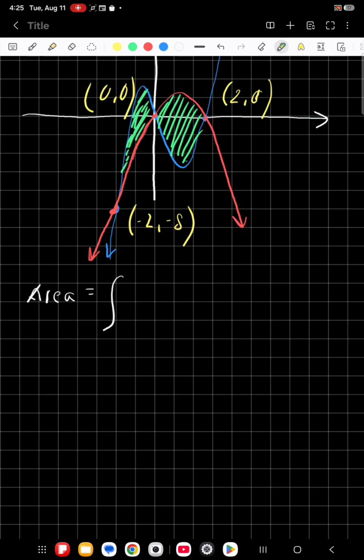The first integral is going to be from negative 2 to 0, and the second integral is going to be from 0 to 2. So let's do it. I have negative 2 to 0, that's the first area. I should have made those areas different colors, but too late now. That's going to be f of x, this cubic. Let me actually color code it.